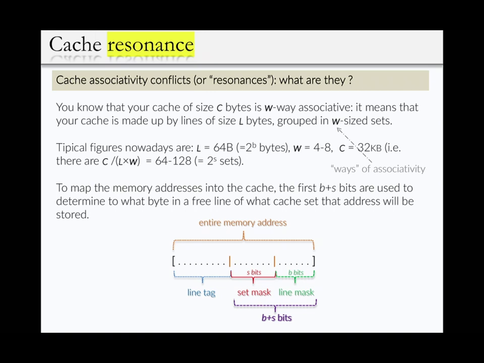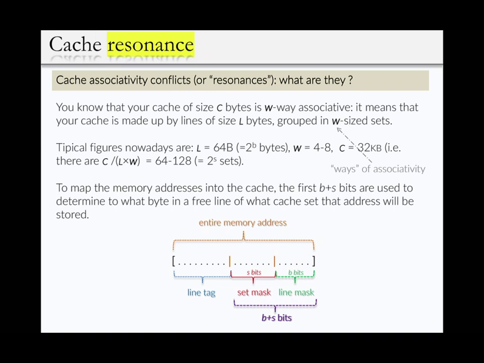You use B bits, which is the exponent that you need to have the cache line, the most significant B bits to choose the line, and S bits, this S here, to determine which set of lines you fall in.